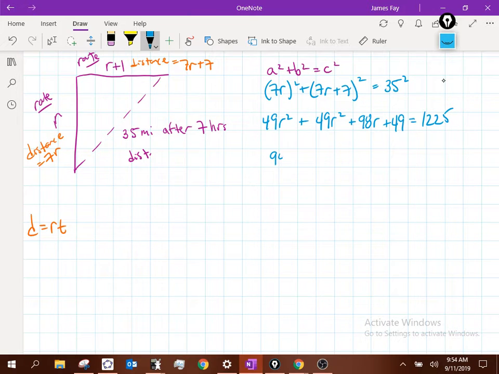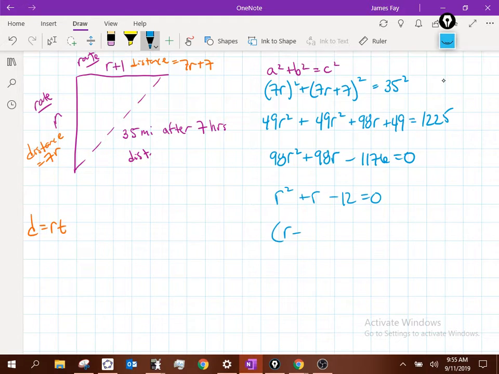Combine like terms, I get 98R squared plus 98R, and then I'll remove the 1225 from both sides. I get negative 1176. Hopefully all that's divisible by 98. It is. So we get R squared plus R minus 12 is equal to 0.